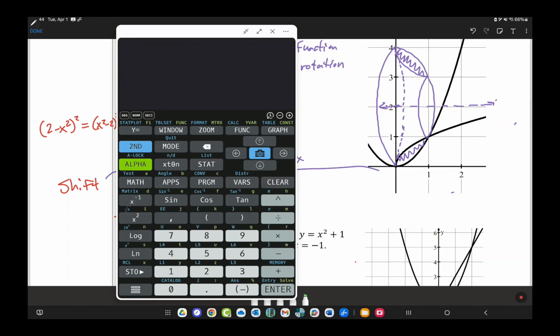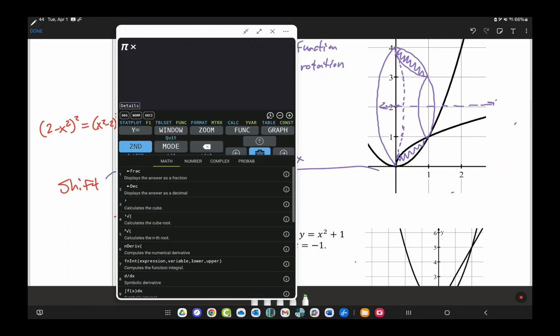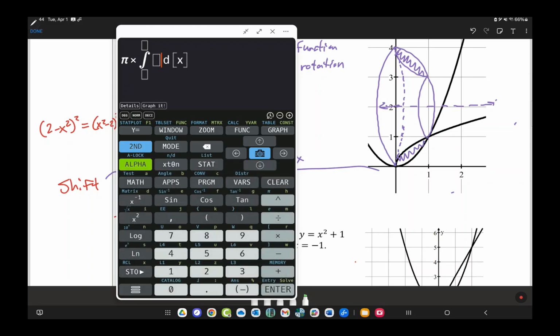So we have second pi times the integral from 0 to 1 of (x squared minus 2) squared minus (second square root of x minus 2) squared. So that's what we get if we did it the shifting method.